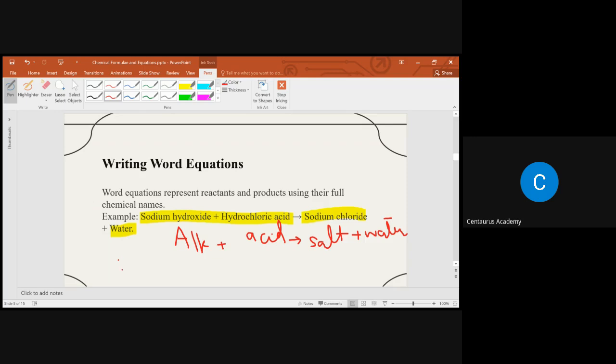You will be writing ammonia. Sorry for the bad writing. It's going to react with nitric acid, and on the other hand side, that is your right hand side, you will have ammonium nitrate.